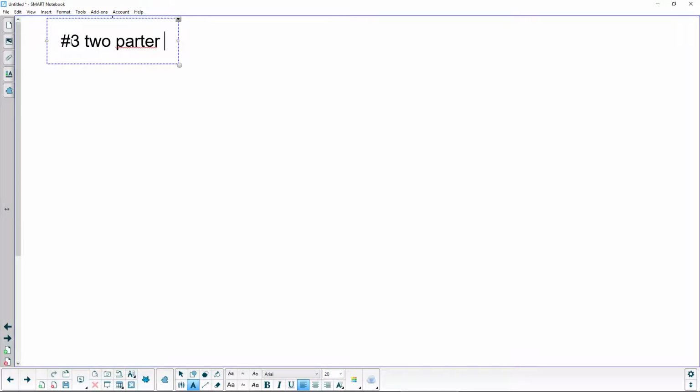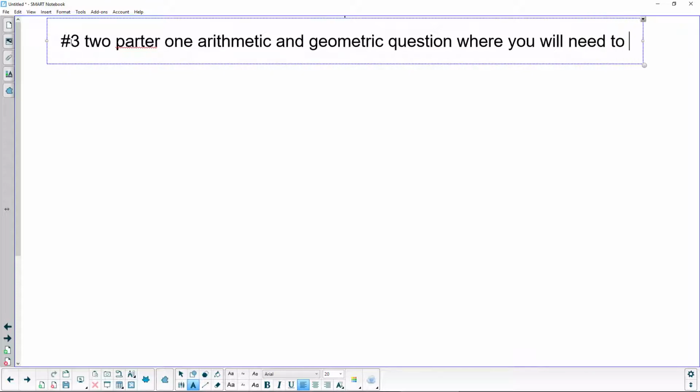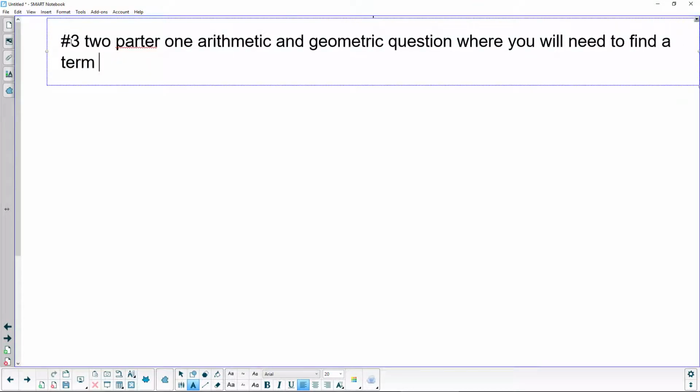Okay, and then we're going to be looking at 1 arithmetic and 1 geometric question where you will need to find some terms given some variables.